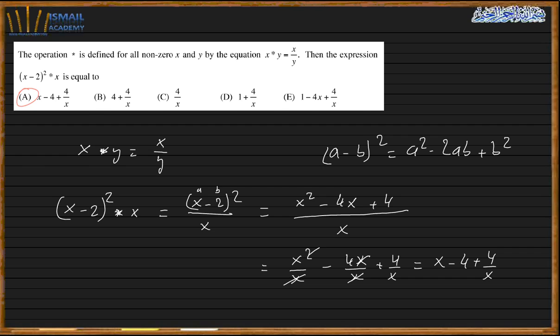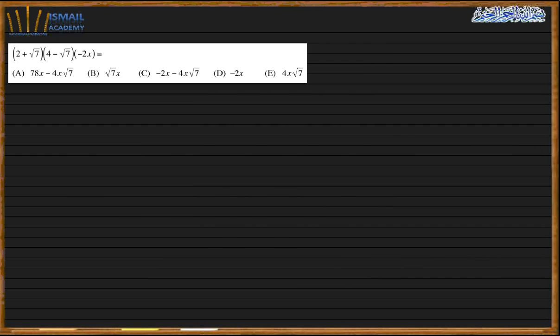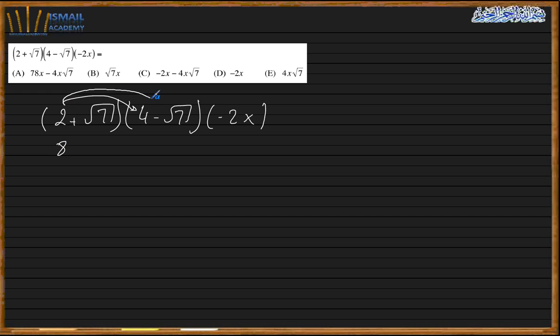Next question. So here I just need to FOIL or distribute. So 2 plus square root of 7 times 4 minus square root of 7, times minus 2x. Leave this one at the end. You do the first one here. So 2 times 4 is 8 minus 2 square root of 7 plus 4 square root of 7 minus 7, the whole thing times minus 2x.